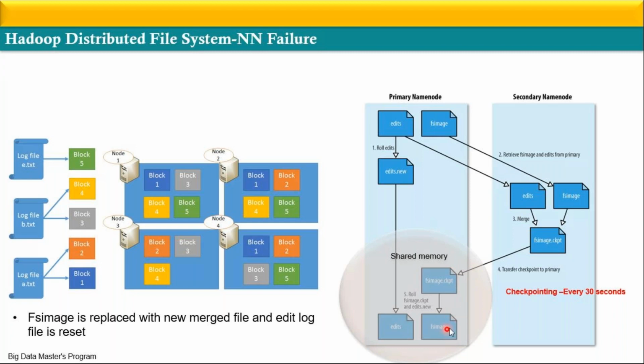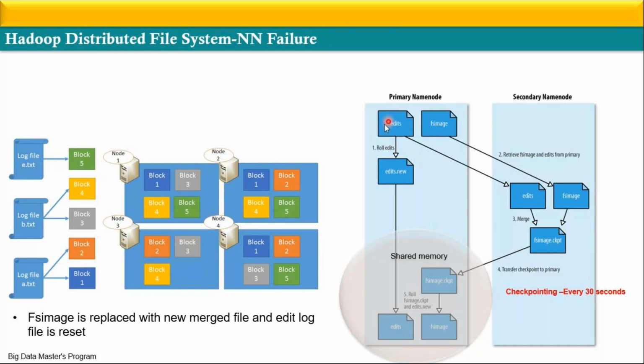The previous FS image was replaced by the newer one, FS image CKPT. Now it has the entire information of what is happening inside the cluster. That is fine, but it might be possible that there are certain new entries. While this calculation was happening, there might be new scoreboard images.